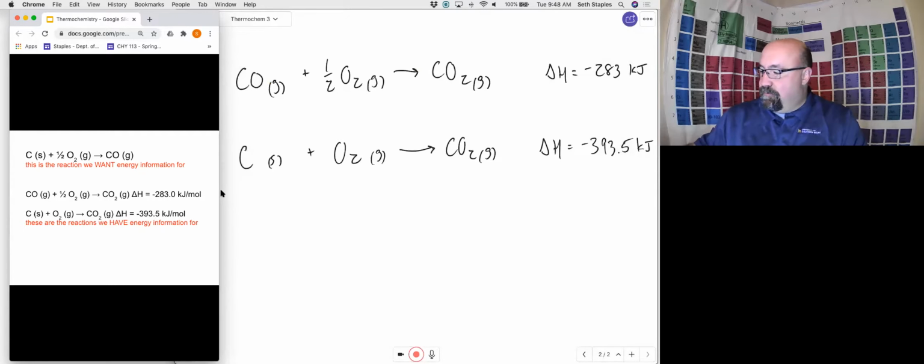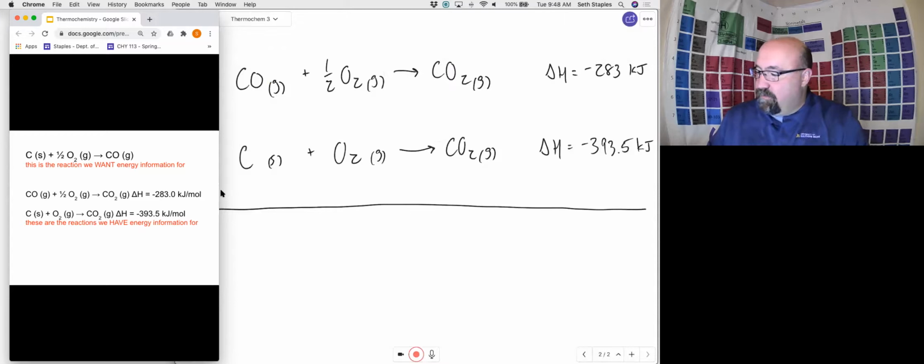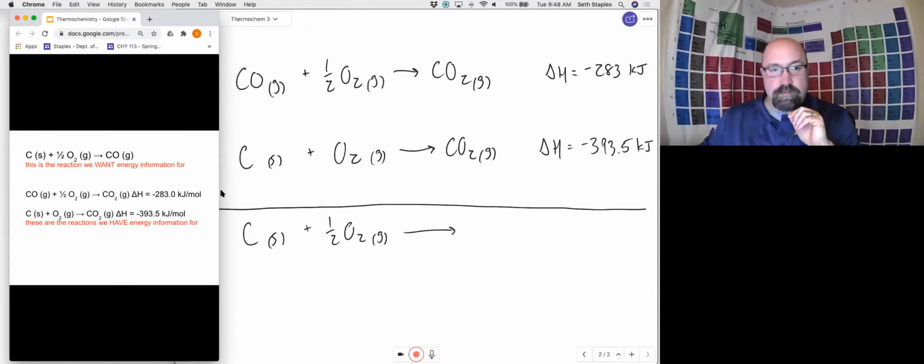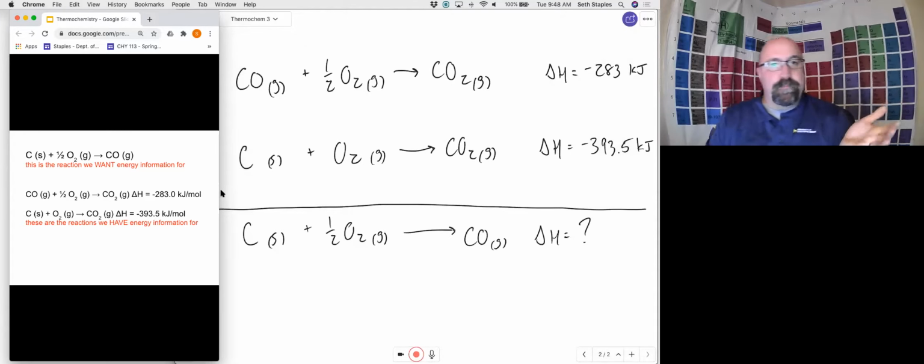I usually then put a line down underneath, again leaving some space, because of some reasons that we'll see in a little bit when we start to manipulate our equations. Lastly, I would then put my target equation, what I'm looking for, down below the line. And that's the enthalpy that I'm looking for.